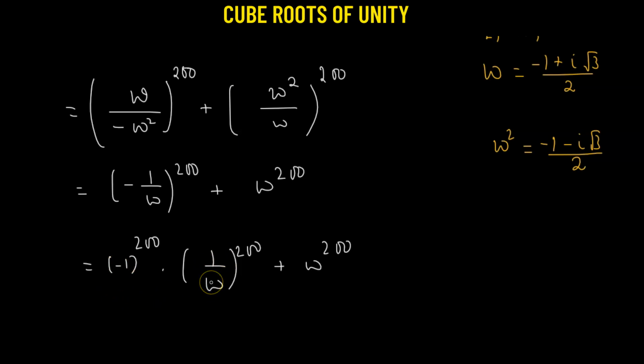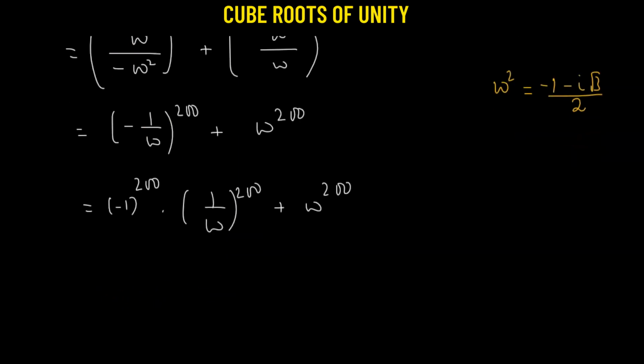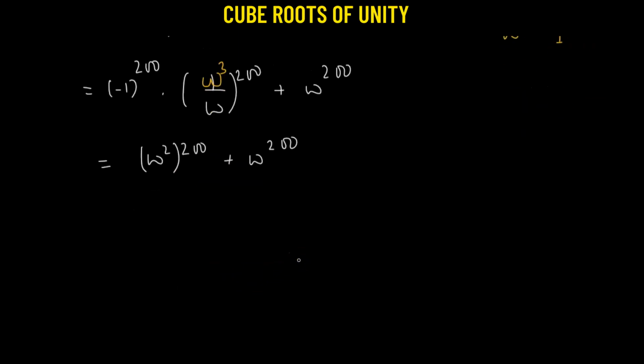The reason why we have separated it is that we know omega cubed, the product of the cube roots of unity, gives us the value 1. So this 1 can be replaced with omega cubed, such that we get omega squared raised to the power of 200 plus omega raised to the power of 200. That means we have omega raised to the power of 400 plus omega raised to the power of 200.